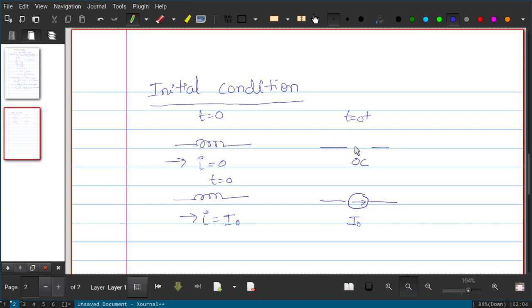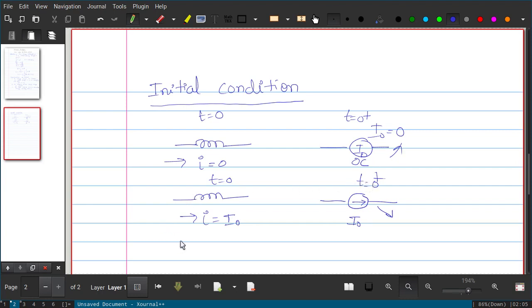The open circuit can also be represented as a current source with I naught equal to 0. Both are the same. But here, since it is carrying a current I naught, it will continue to carry that same current soon after t equal to 0 plus.